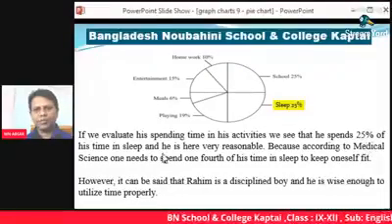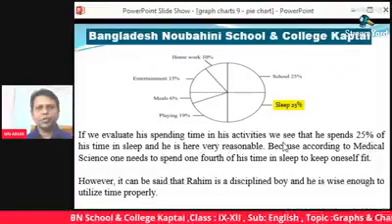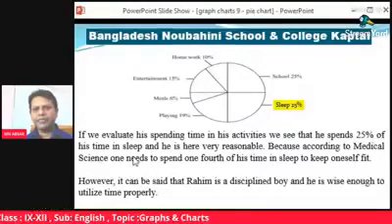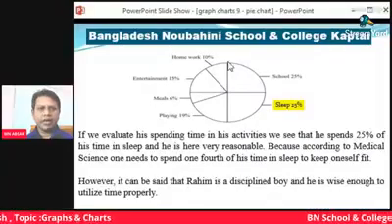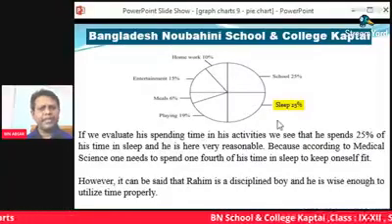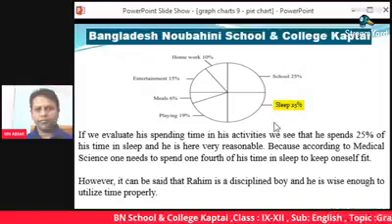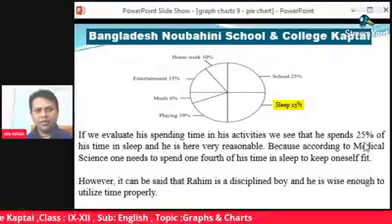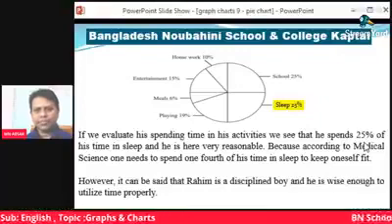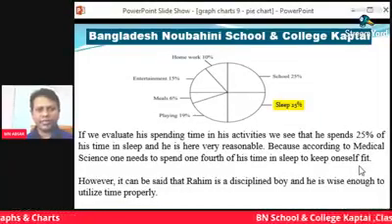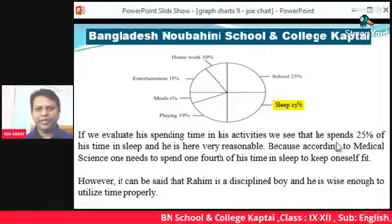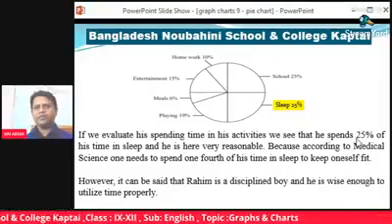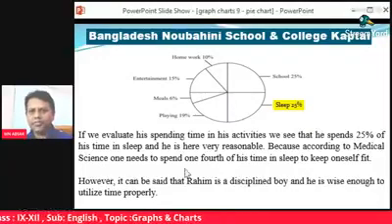in his activities, we see that he spends 25% of his time in sleep, and he is very reasonable here. I have given it in a colorful way because it has a special importance here. That's why I have colored it. Let's see what the specialty is.